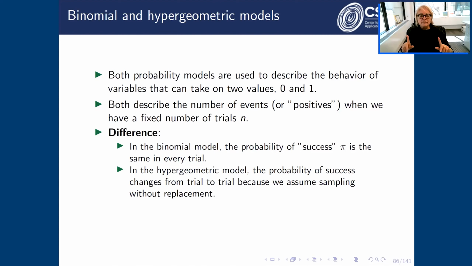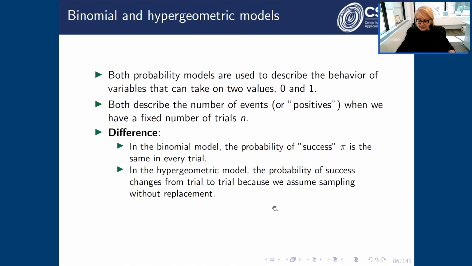But there's a big difference. In the binomial model, the probability of success pi is the same for every sampled item, whereas in the hypergeometric model, where I am sampling without replacement, the probability of success is changing from trial to trial.